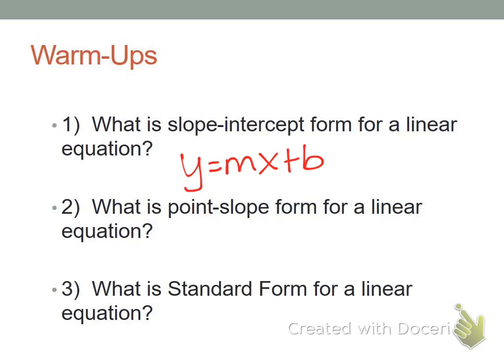You want to give it a try? Devin? Y minus y1. Good. Equals. It's like some parentheses, x minus x1. Okay. What do you think goes in front of those parentheses? Caden? M. M. Very good.